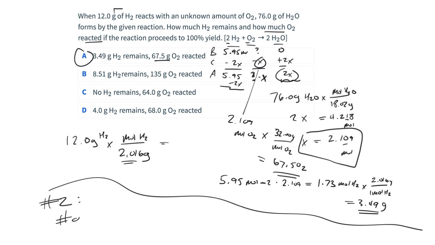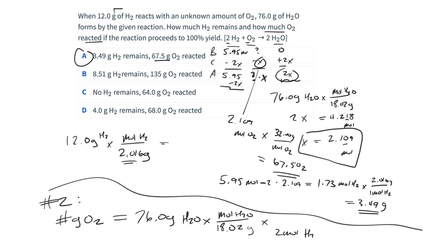The number of grams of O2 that are required to have reacted to produce the 76 grams of water can just be solved off the stoichiometry reactions, just the grams to moles. For every 2 moles of water that formed, we needed 1 mole of O2 according to the balanced reaction to have reacted.